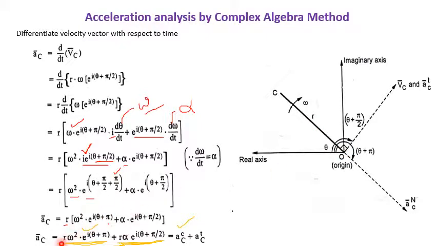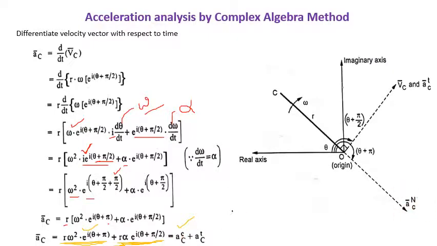The first term, r omega square, is the magnitude of the radial acceleration, and e to the power of i into theta plus pi. So this is theta. Pi means 180 degrees. So measure 180 degrees from this line and draw a line. This line represents the normal acceleration or radial acceleration.